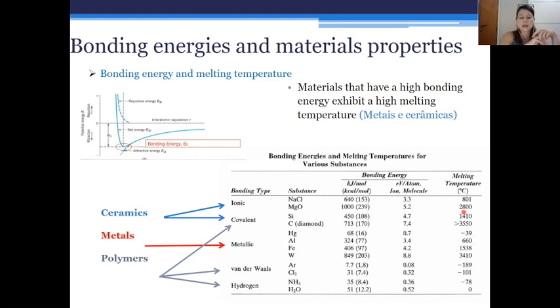Okay, and if we give some energy to this material that is able to break this covalent bond, we will not melt the material, but we will degrade it, and eventually vaporization of this material will occur.